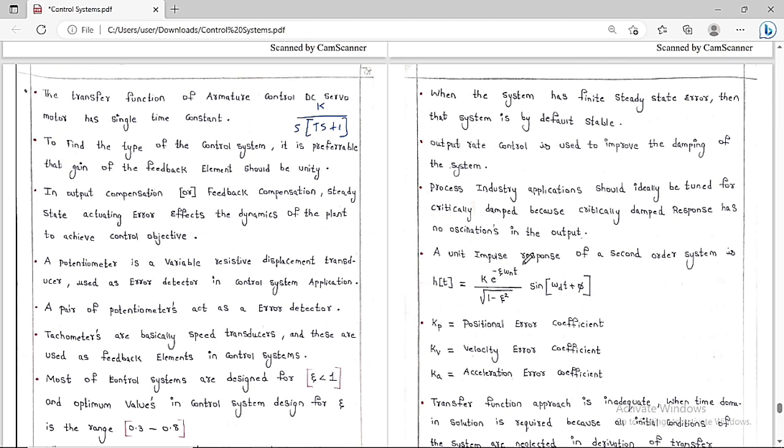The next point is, when the system has a finite steady state error, then that system is by default stable.